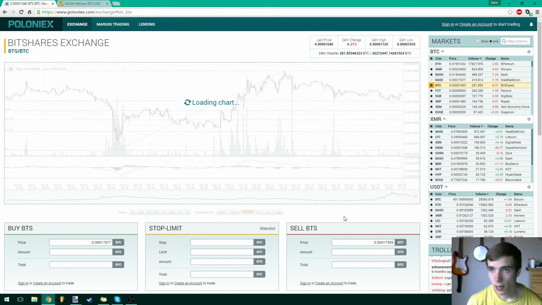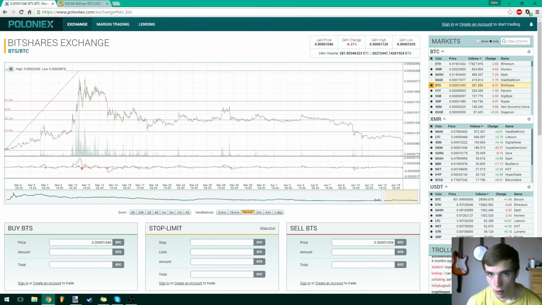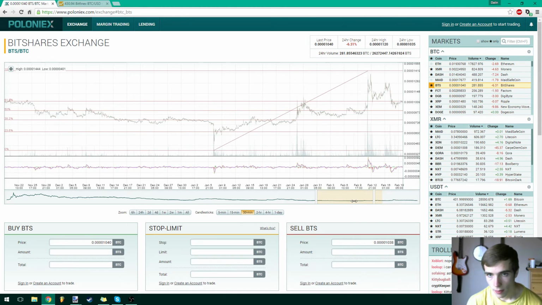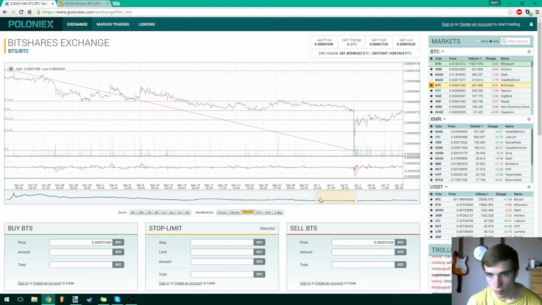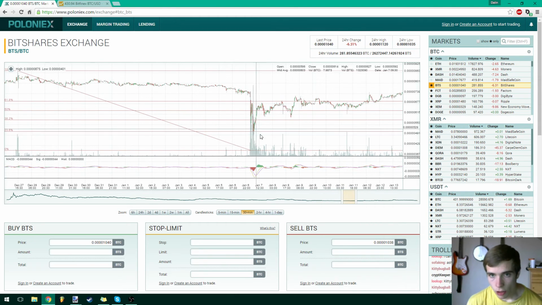Let's look at BitShares. There's a pretty hard 1, 2, 3 bottom that formed before it broke high. So here's the 1 point, where it hit a low at 493 Satoshi a share.